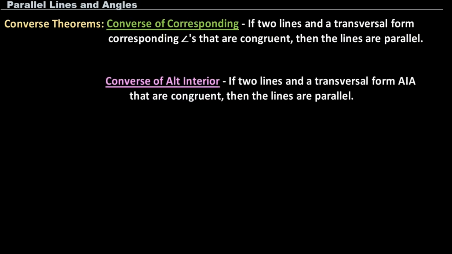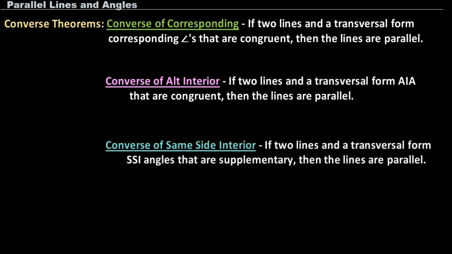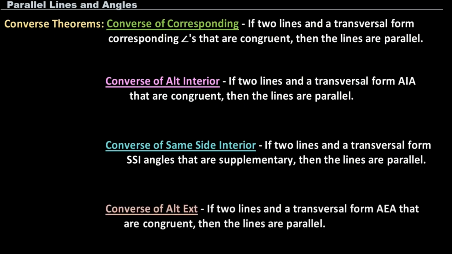Converse alternate interior, if two lines and a transversal form alternate interior angles that are congruent, then the lines must be parallel. Converse same side interior, if two lines and a transversal form same side interior angles that are supplementary, then the lines are parallel. And lastly, converse alternate exterior, if two lines and a transversal form alternate exterior angles that are congruent, then the lines are parallel.